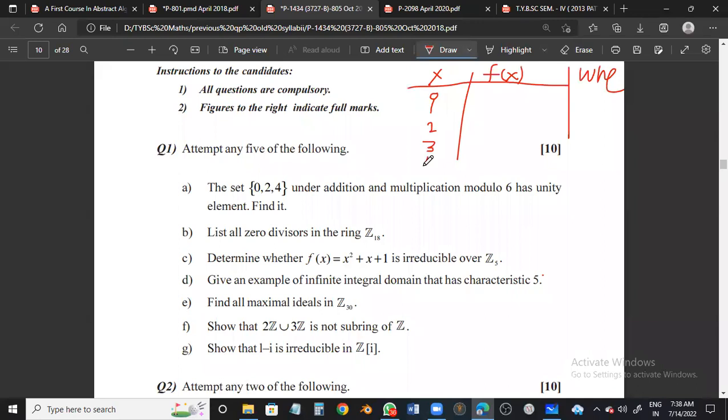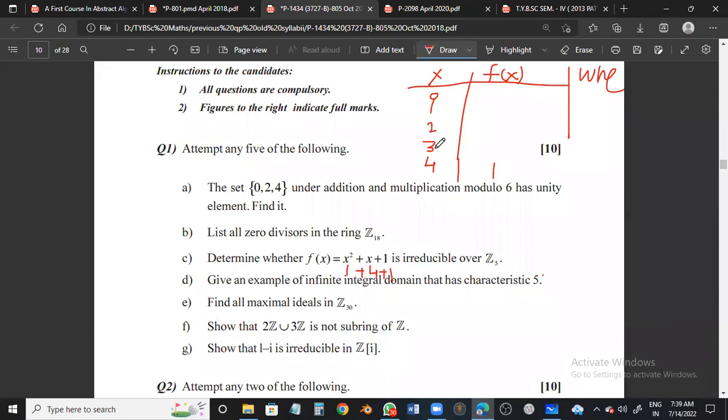3 and 4. Let me start with 4. 4 square is 16. When divided by 5, I get 1. Plus 4 plus 1. How much? Answer is 1. Followed me? 4 plus 1, 5 is 0. 0 plus 1, I got 1 here.